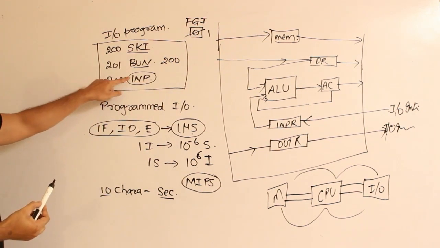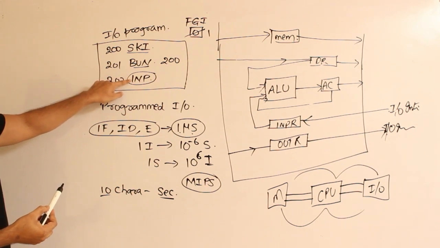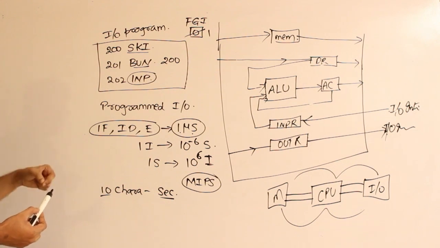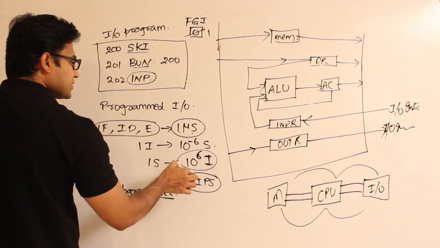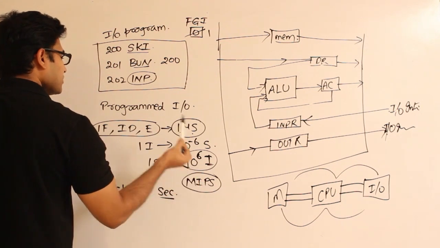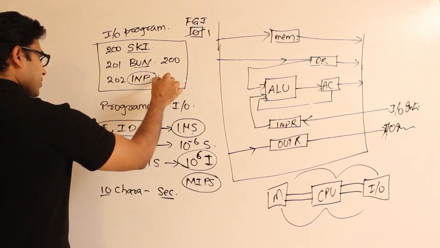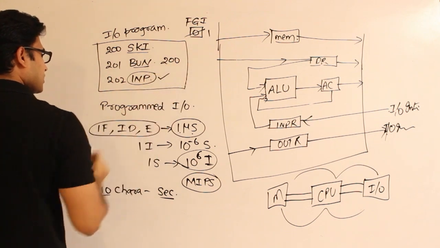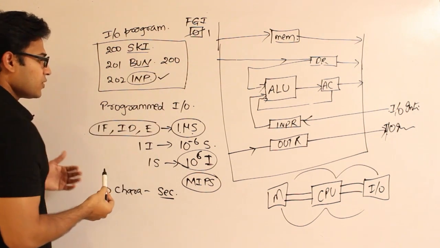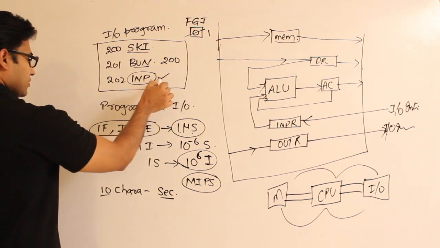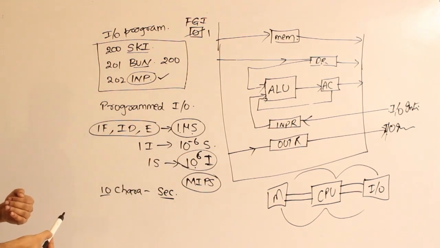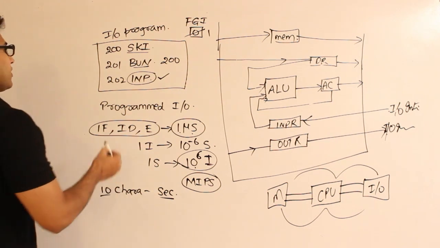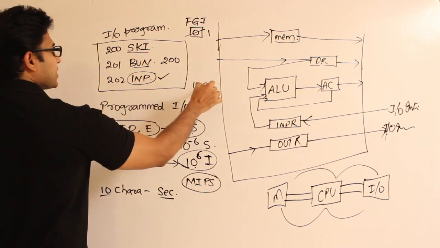Every time you execute this instruction, 1 character will be moved in, right? But in a time in which I could have performed 10 power 6 instructions, we could have performed this particular instruction 1 million times, which means we have a capability to read the input at 1 million characters per second.